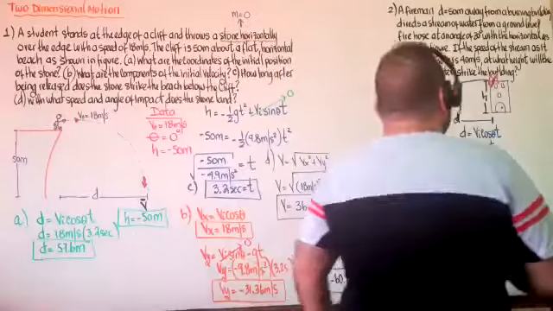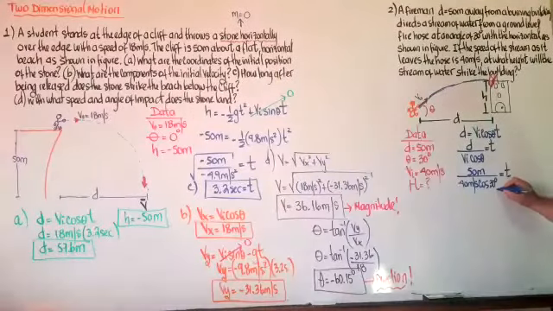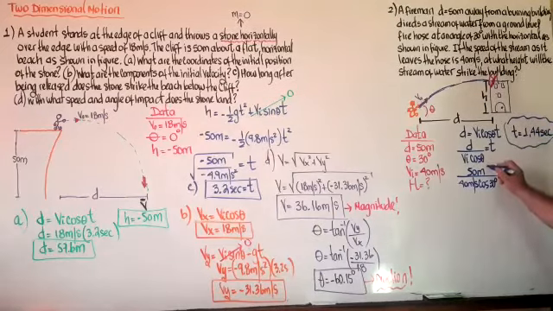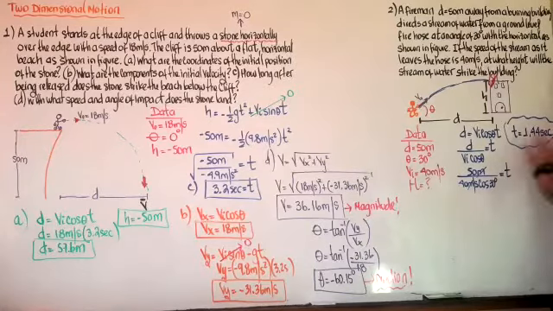So the period of time will be equal to 1.44 seconds. Why seconds? Because we can perfectly cancel meters with meters and the remaining unit will be s, that means seconds.